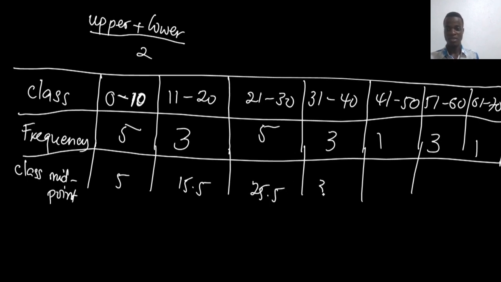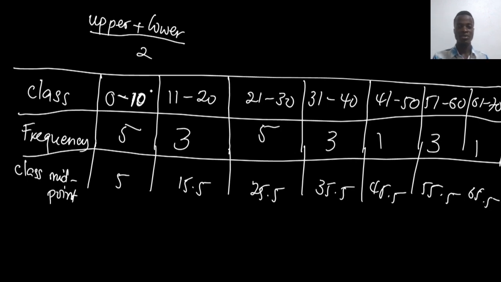And I guess this one will be 35.5, like that, 45.5, 55.5, 65.5. So basically, you just add the upper class limit or upper class boundary to the lower one, divided by 2. That's how to find the class midpoint.